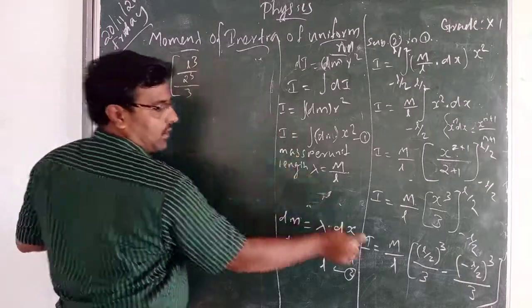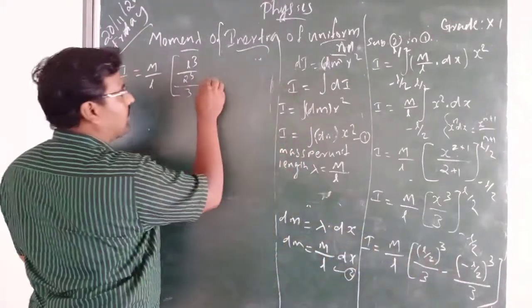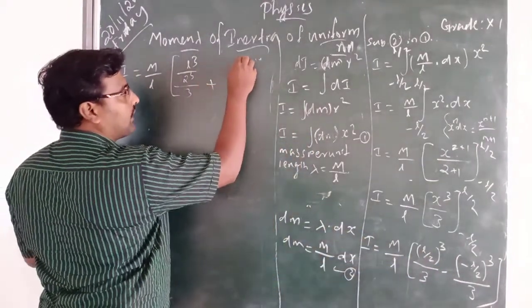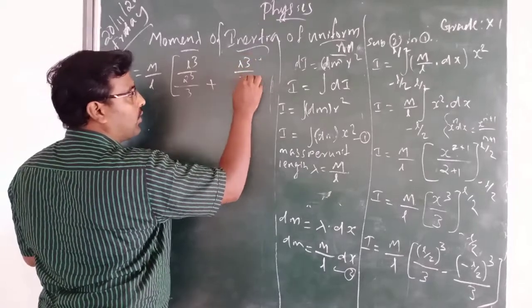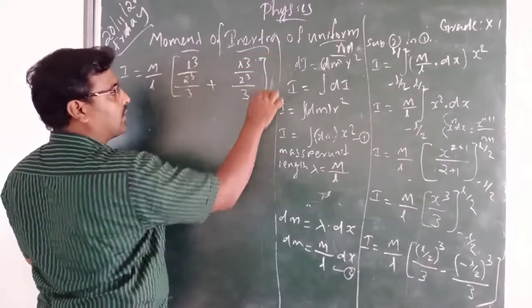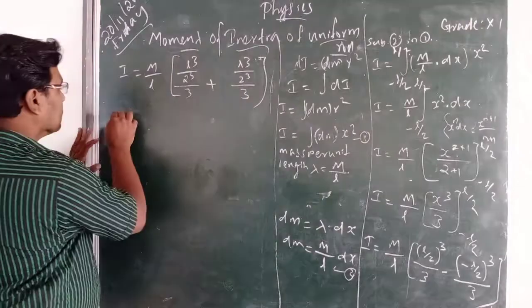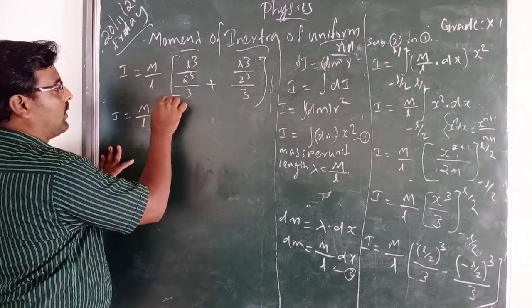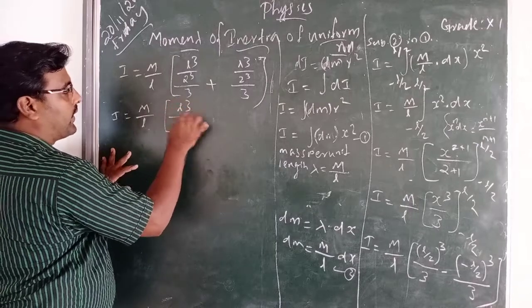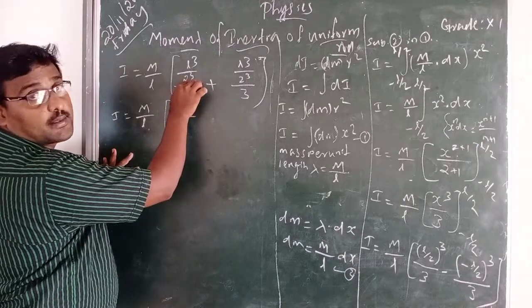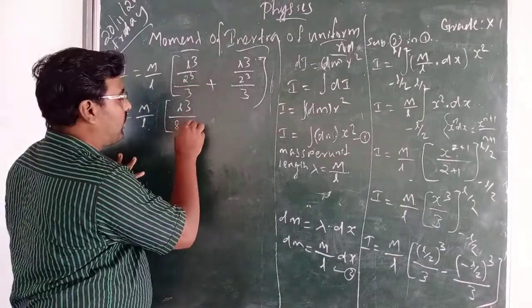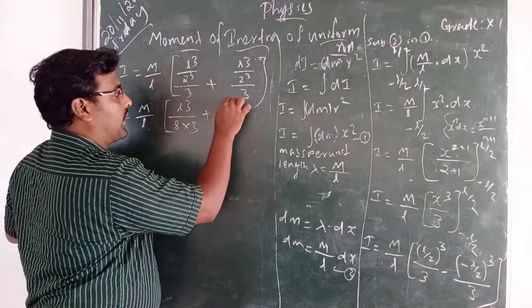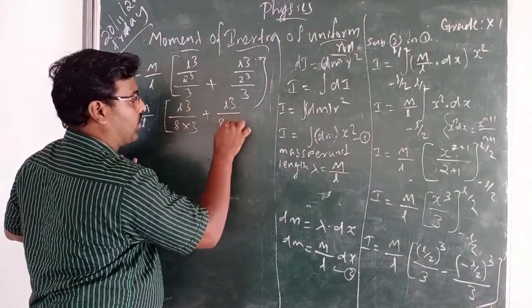Here also, minus into minus plus the same L cube by 2 cube by 3. So I equal to m by L, L cube divided by 2 cube is 8. So 8 into 3 plus L cube by 8 into 3.